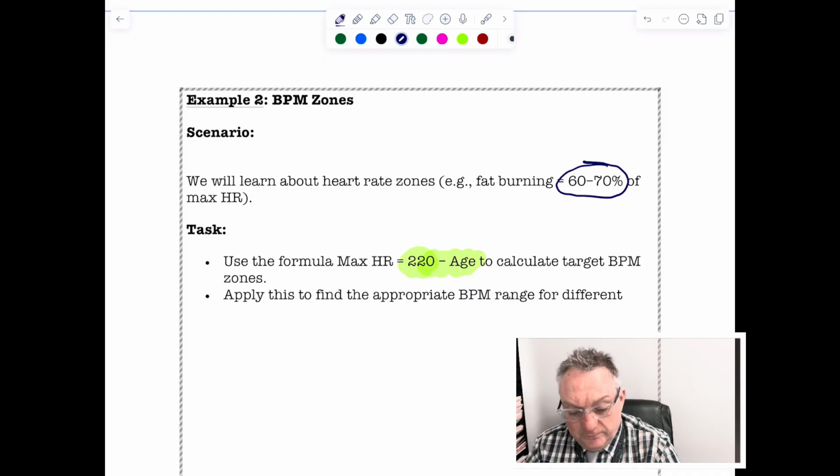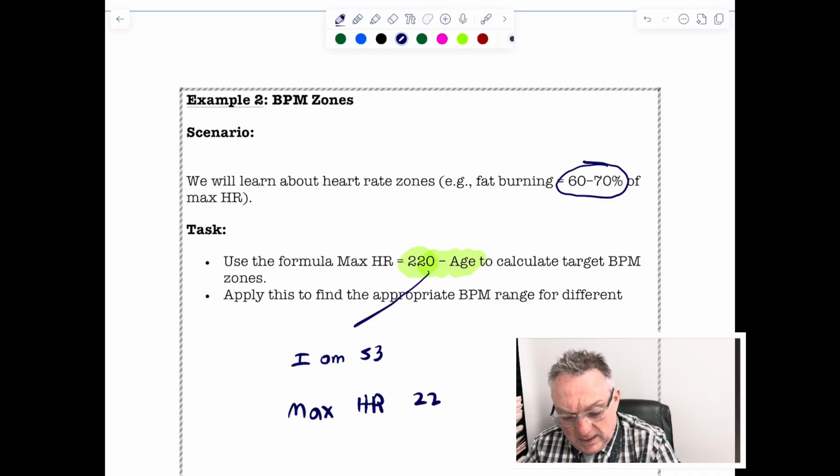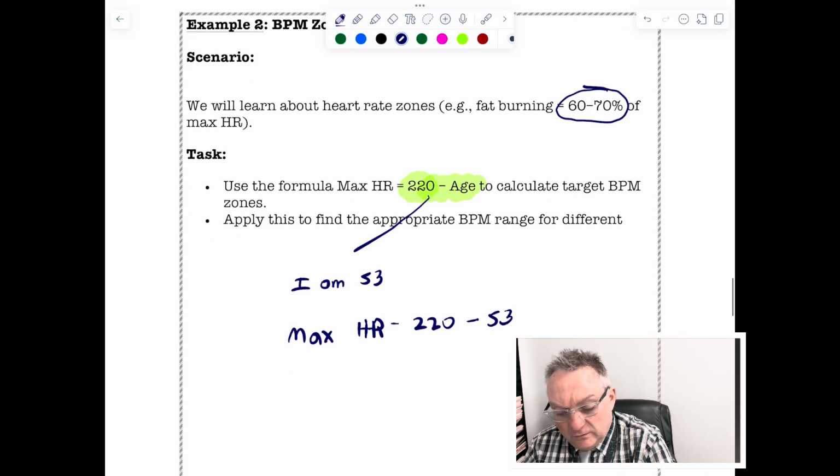So let's find out my optimal training zone. I'm 53 years old. So I'm going to go 220 minus 53, which is 167. That's my max heart rate.